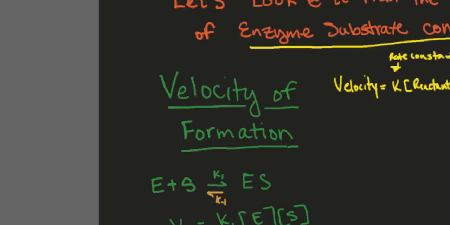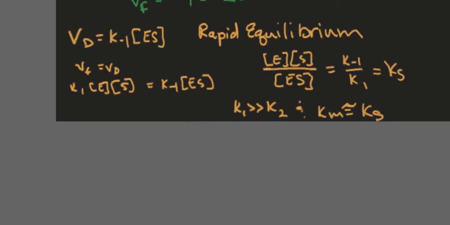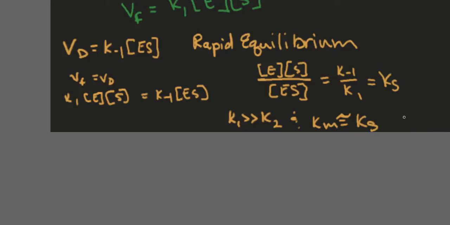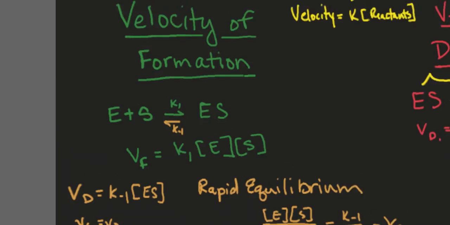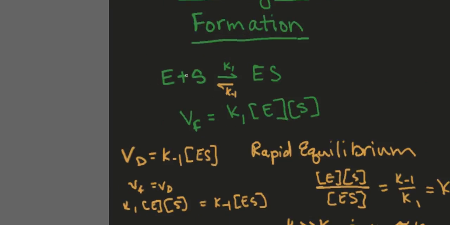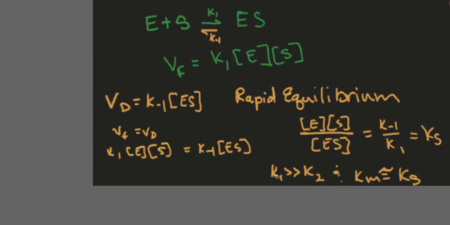So if we're looking at rapid equilibrium, this is what you have to consider. We have to look at just the first part of this reaction, just this portion. As a result, the rate of K1, the formation, must be much greater than the dissociation to enzyme and product. And if Km approximately equals Ks, that's how you know you're in rapid equilibrium.